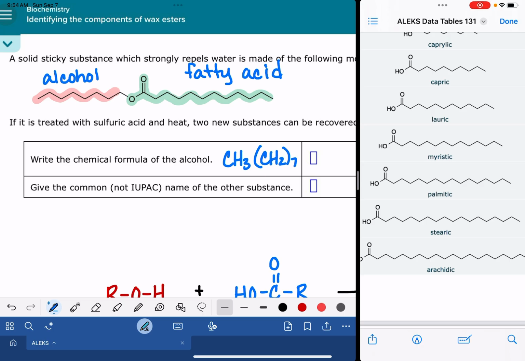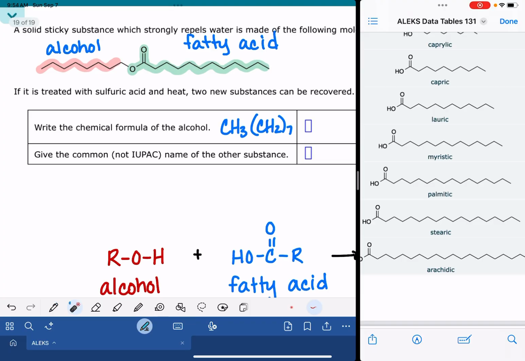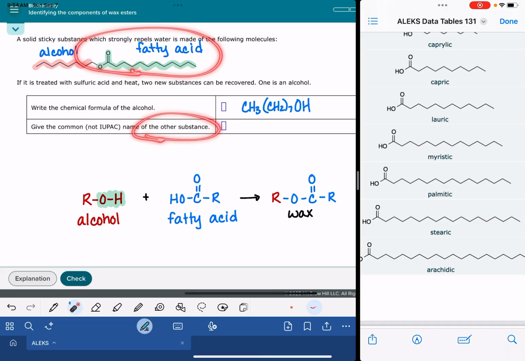And then don't forget that at the end of this alcohol, at the end of those carbons, we have this OH group that gets removed when the wax is formed. So we have to add that OH group back to the structure or to the formula of the alcohol. So there's our alcohol.